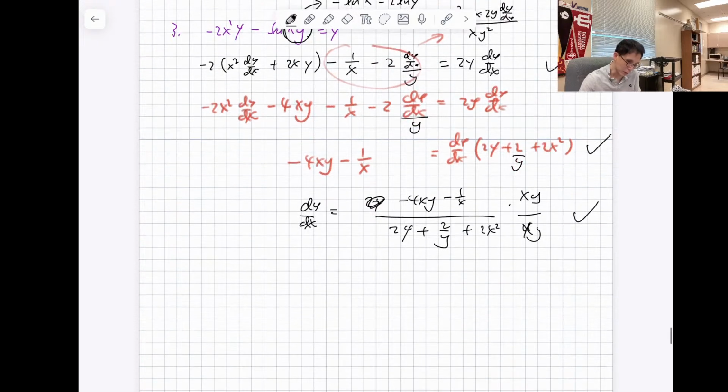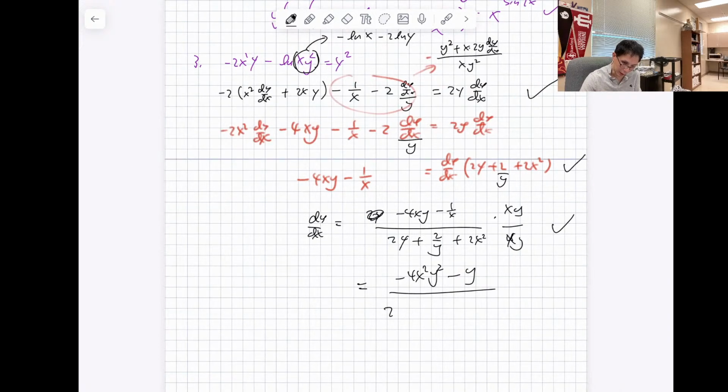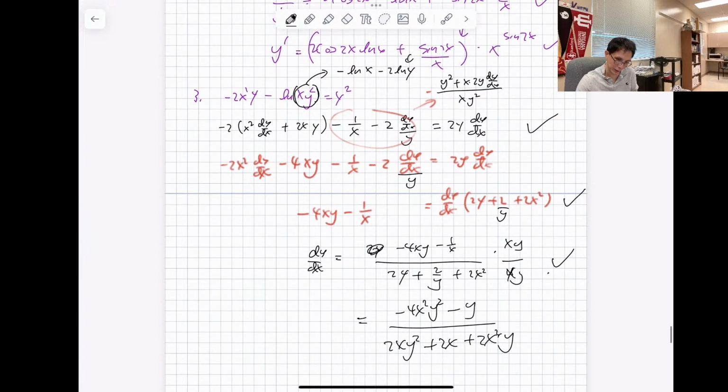Now this one you don't need to do that, so if you didn't do it, that's fine. 4x squared y squared minus y over 2xy squared plus 2x plus 2x squared to the third y. So this will give you a perfect check, either from here or from here. Do you see the proper way to go through it?